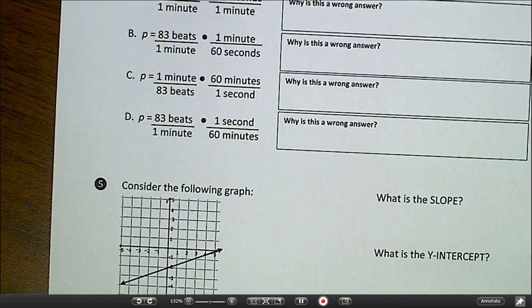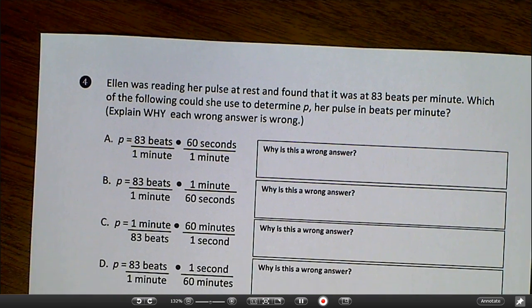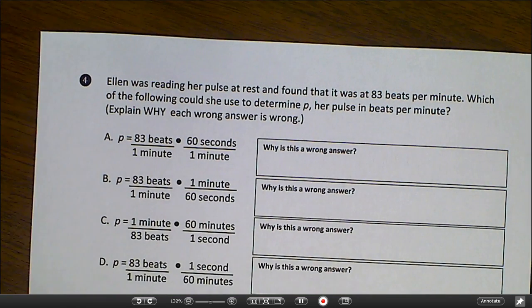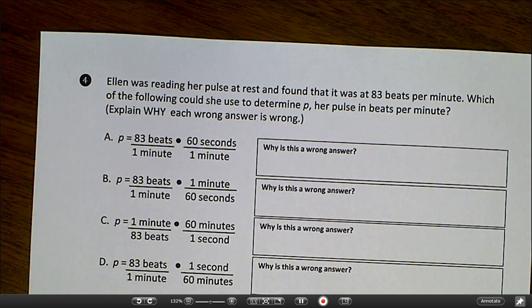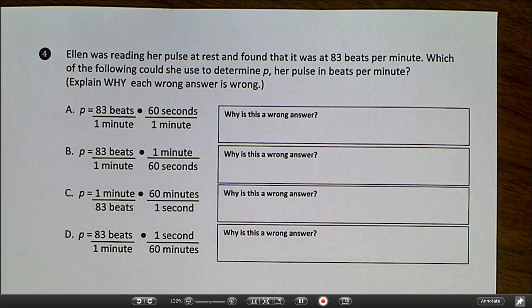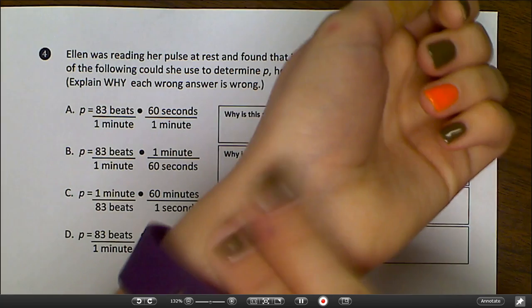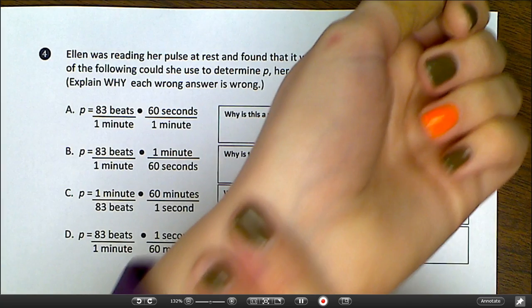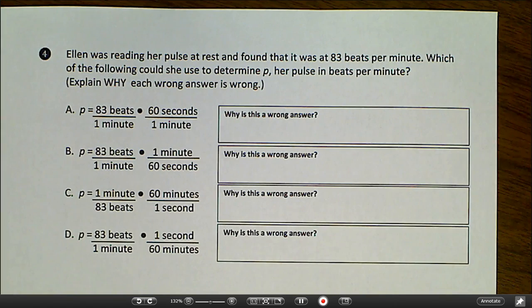All right, let's go on to number 4. Number 4 says Ellen was reading her pulse. Her pulse is like you can take your pulse, your heart rate on your wrist, or on your neck.